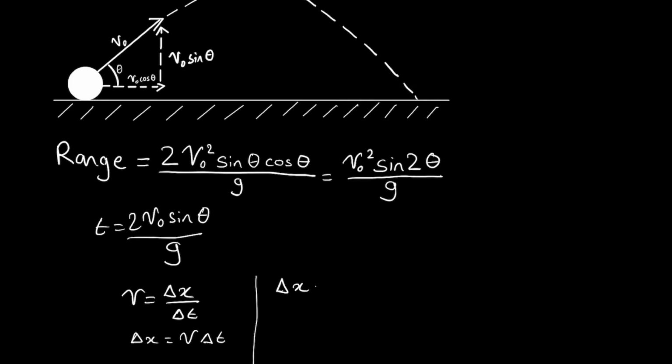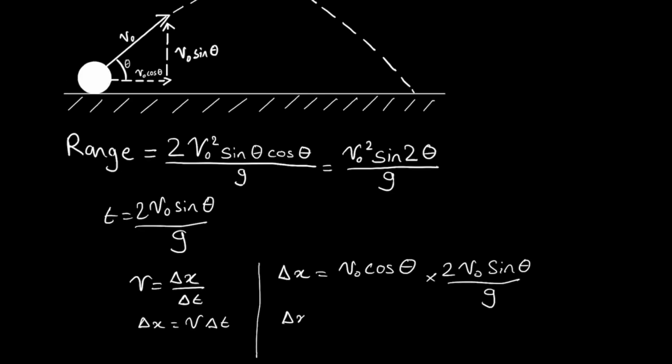The change in position in the x direction is equal to the velocity in the x direction, or v0, times the cosine of the angle that the velocity vector makes with the ground, times 2 times v0 times the sine of theta over g, or the flight time. This can then be simplified and rewritten as 2 v0 squared sine theta cosine theta over g. And this is our equation derived.